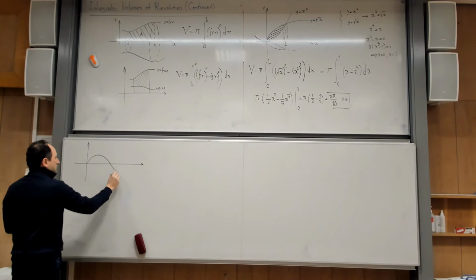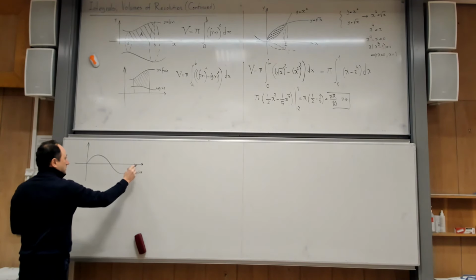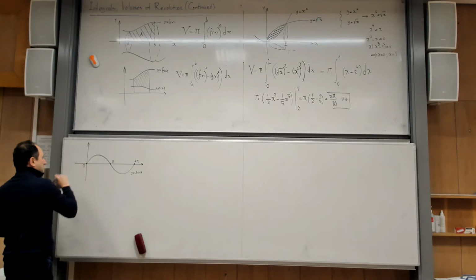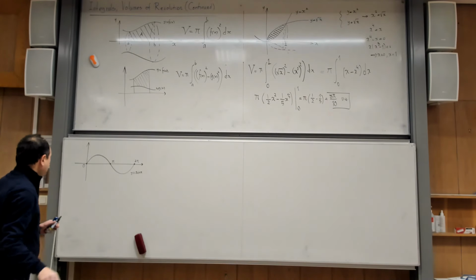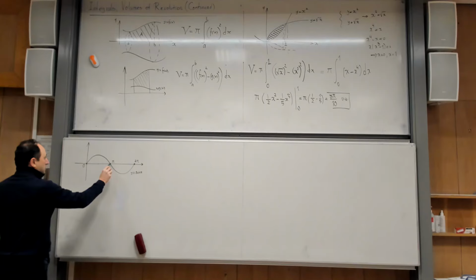Yes, this is the sine function here, of course, here is 2 pi, here is pi, and here is 0. Yes? And then I have the cosine function. The cosine function starts from the same height, but it goes to 0 at pi over 2, and it goes to -1 at pi.